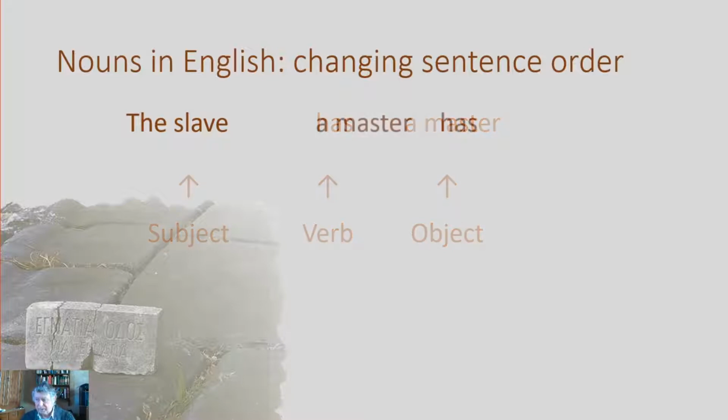Sometimes we can change word order, and it does still change things, but not the meaning. The slave a master has. I would guess that might just be possible in some kind of poem or in a particular context. But it would be very unusual, slightly weird. So position is everything.